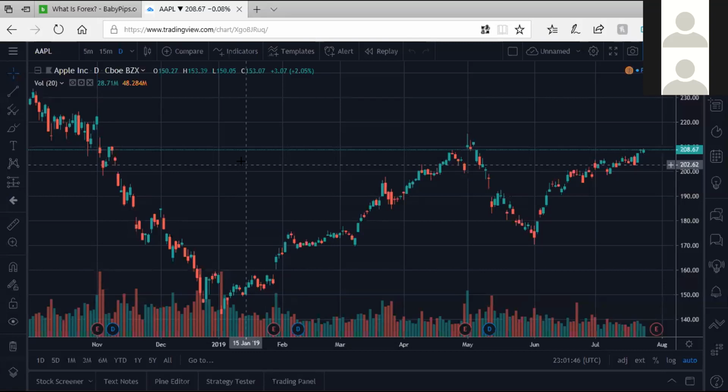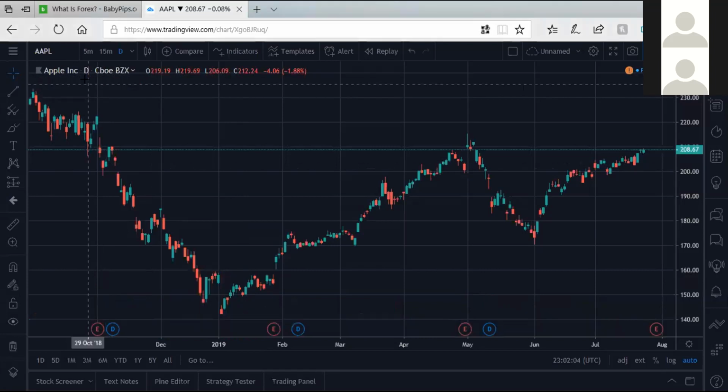You with me? Yep, I can see you. All right, so now hit X on the X right up under Apple Incorporated. There's an X somewhere. Oh, this one? Yep. Now click on indicators.